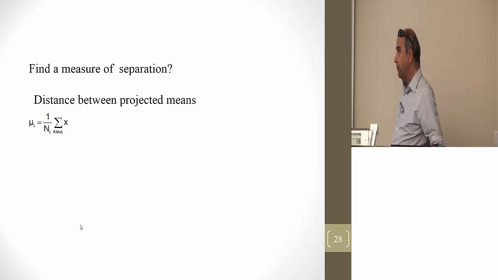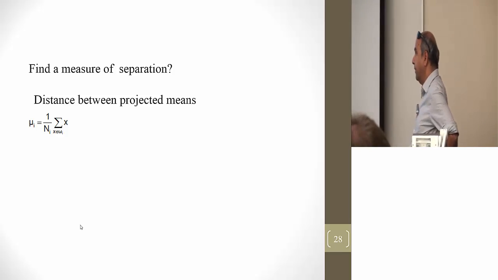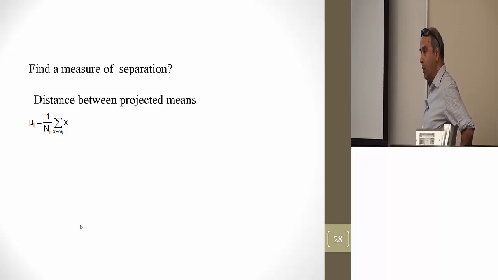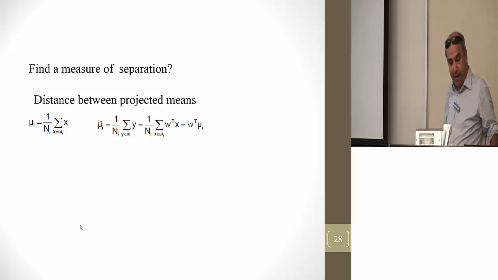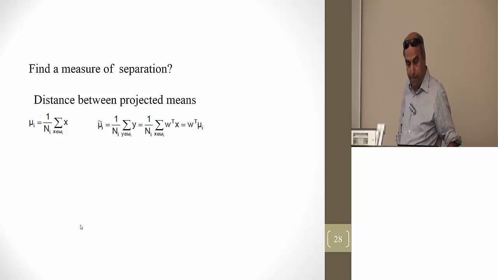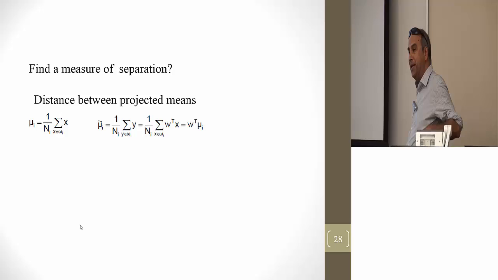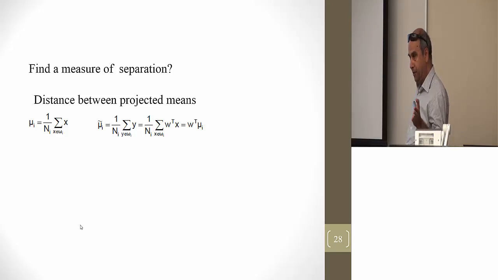The mean of these vectors is mu. For the first person, mu1, different views of the first person, we just add them up and divide by n, that's the mean. Now mu tilde will be the mean in the projected space. That's what we are interested in, after we multiply by w. The projected space is y, and it can be any d-dimensional space. In this case it is 2, but it can be any d-dimensional space.